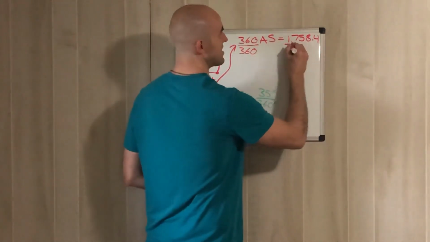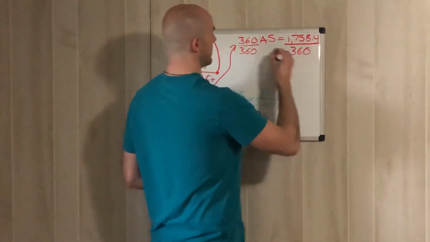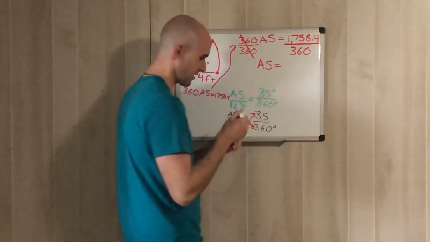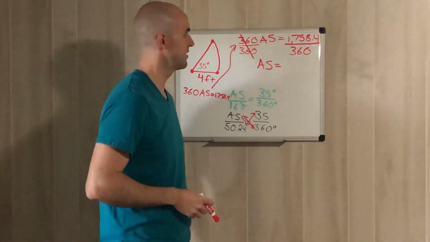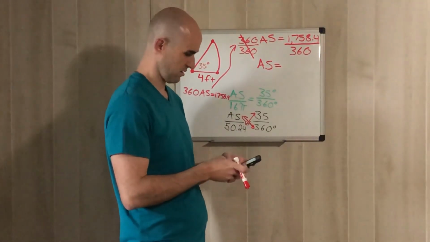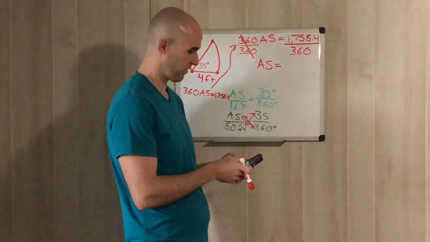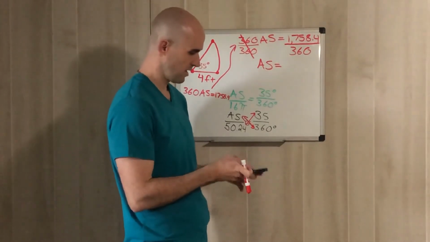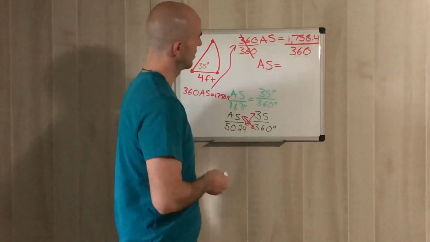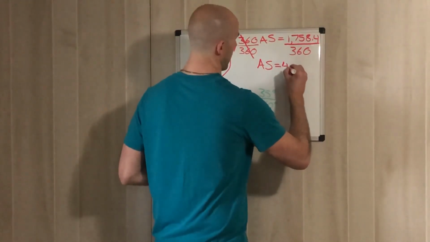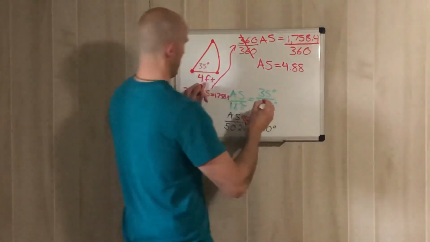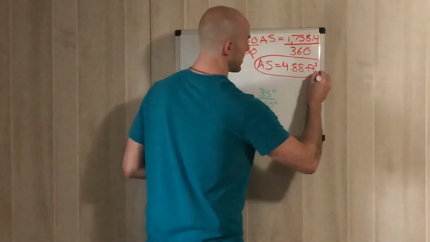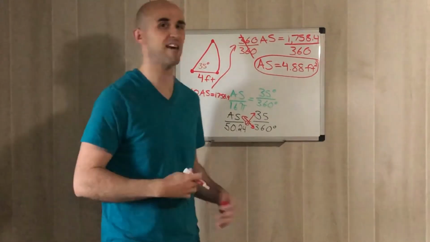Divide this by 360, divide this by 360, the 360s cancel out, and we're left with AS, the area of a sector, which is 1,758.4 divided by 360, giving us 4.88 feet squared. It's squared because whenever you're dealing with area, area is always squared.